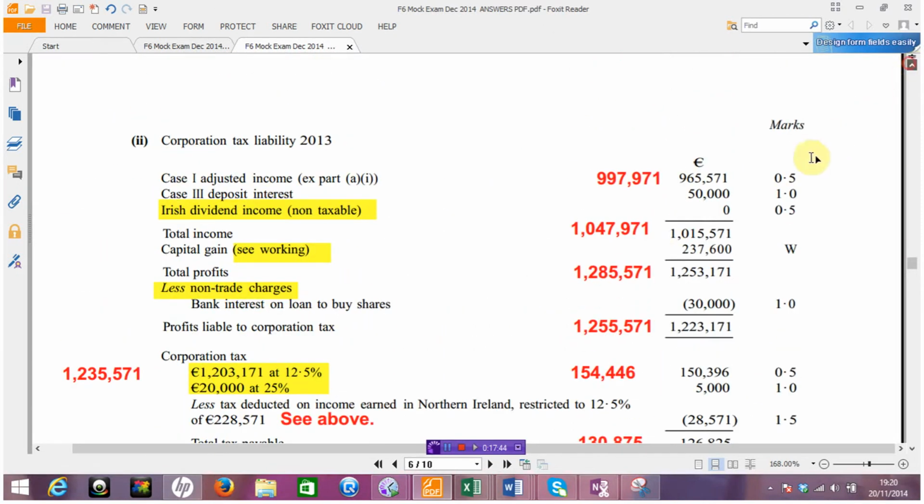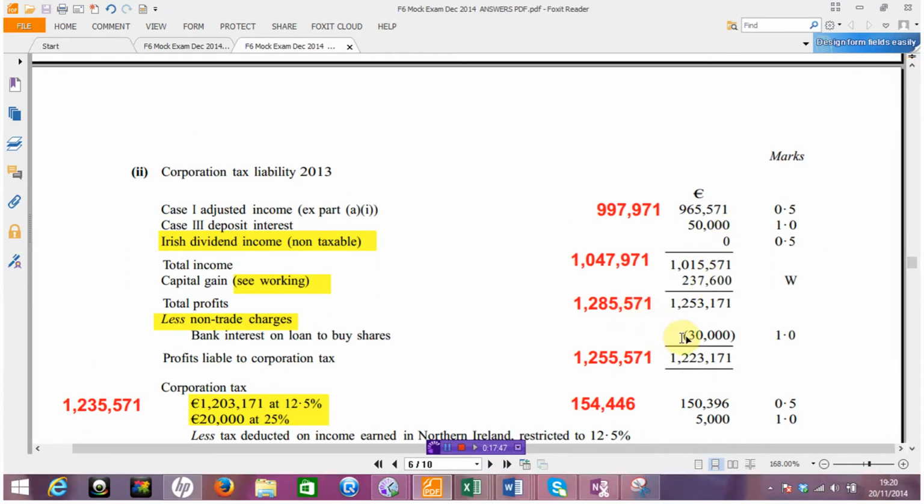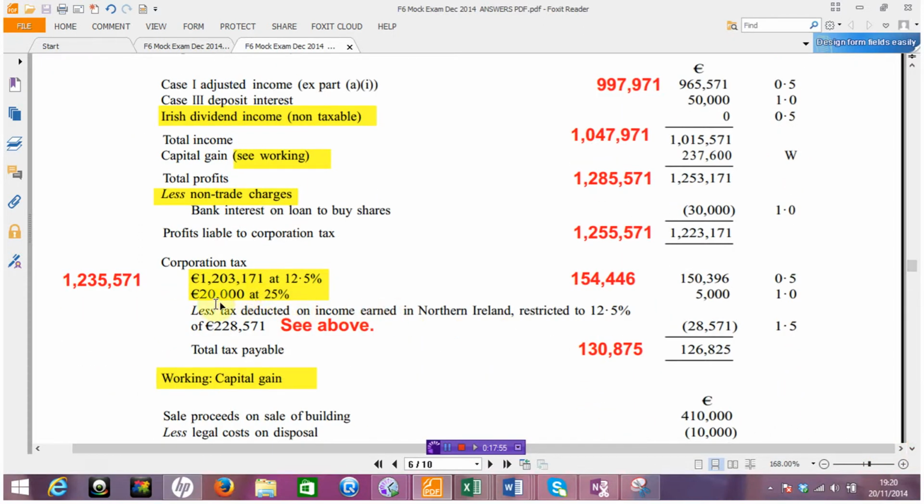So if we move back up to the comp, we'll see that we're simply applying here the relevant rates to the relevant items. In relation to this 20,000, you'll see that the interest is being offset against the case 3 deposit interest, and that's applied at 25%.